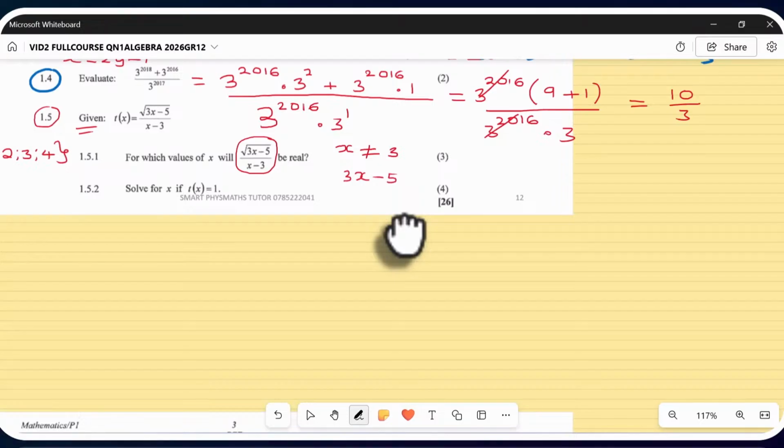Now in here, because we have the root on one side of the equation, we can go ahead and square like we did in our previous videos. Now square both sides.